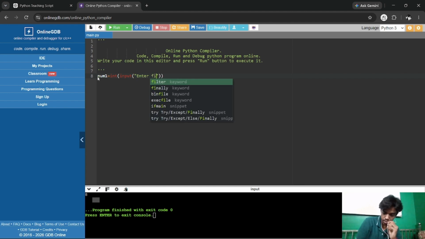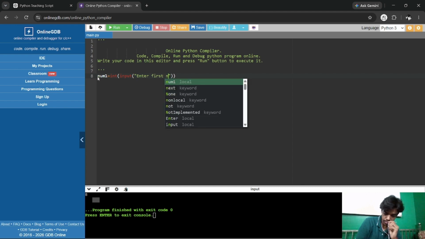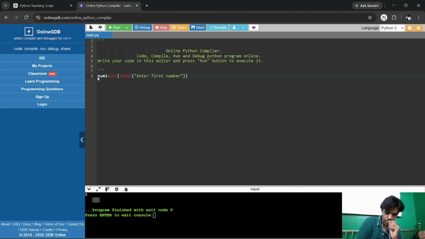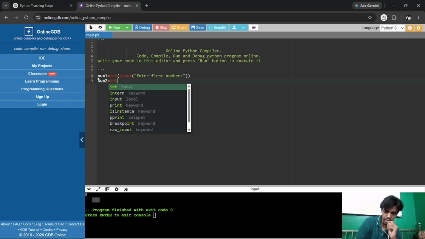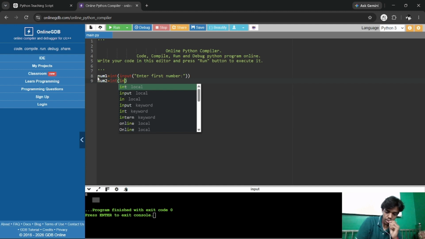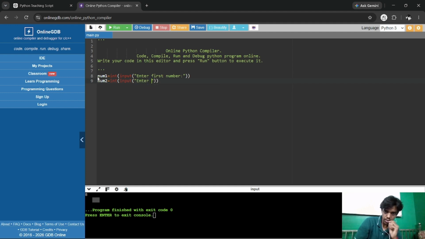So enter first number, then take input as number 2. Number 2 equals int input, the second number. It would be like this.